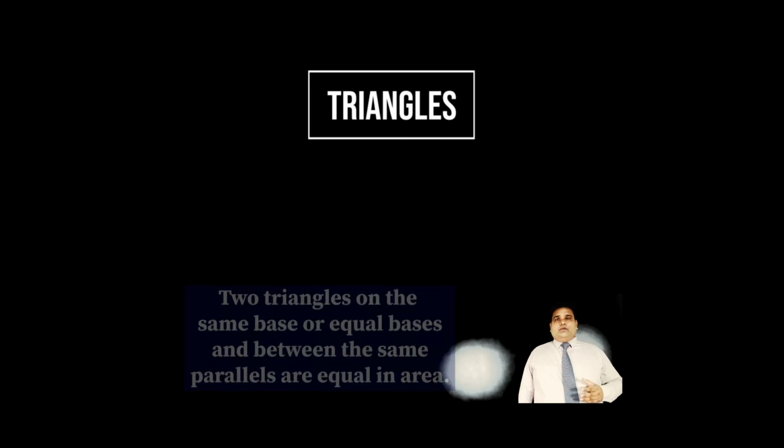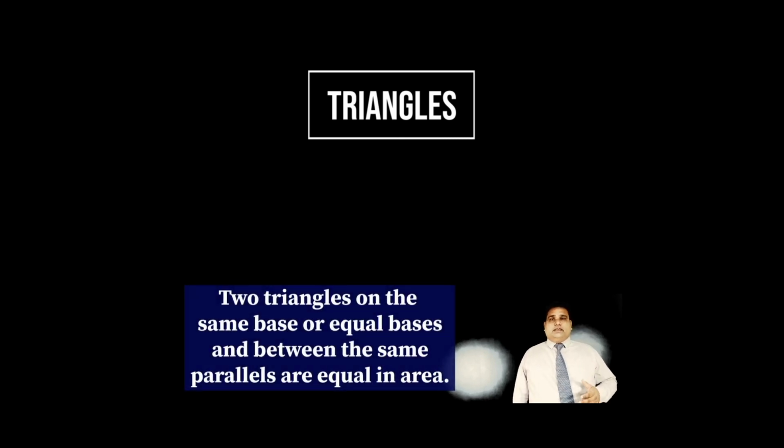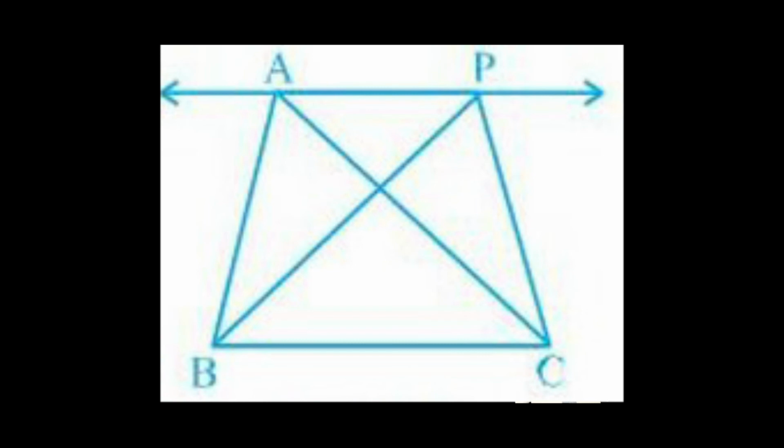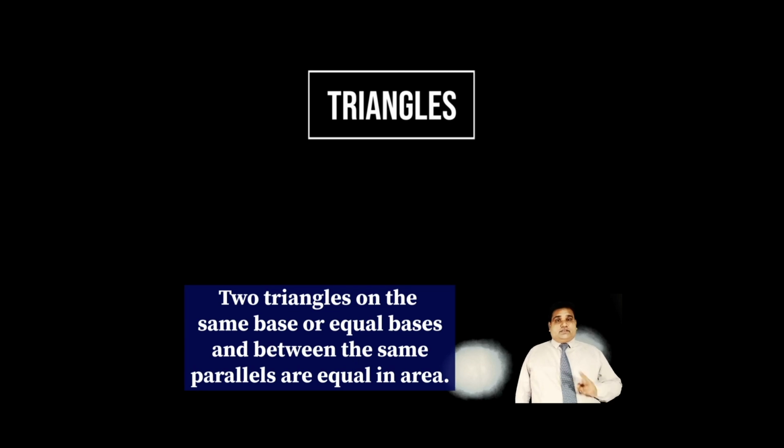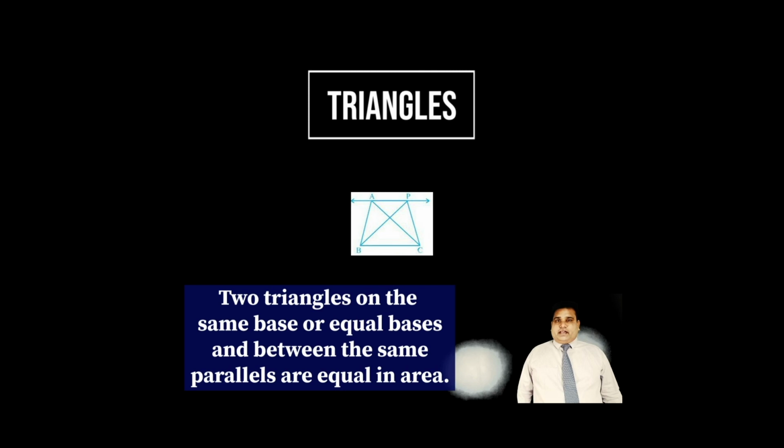Concept 55. Triangles on the same base. Two triangles on the same base or equal bases and between the same parallels are equal in area. So here you can see that there are two triangles, triangle ABC and triangle PBC. Their base is the same.